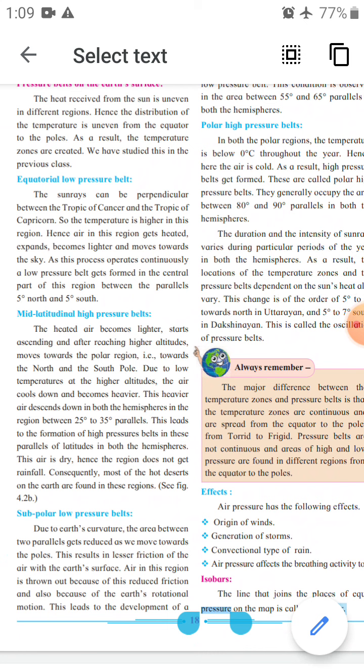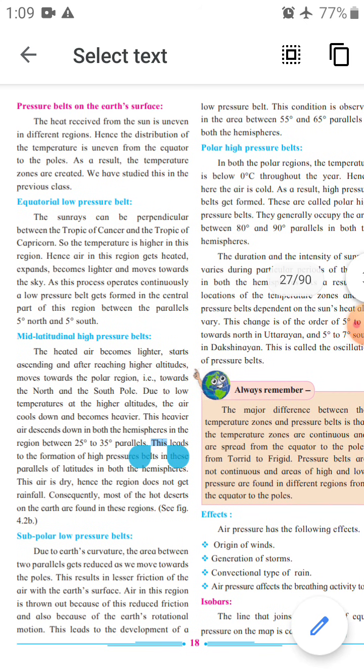Okay, and equatorial low pressure belt is in the central part of this region between the parallels 5 degree north and 5 degree south, and these are the differences in the pressure belts on the earth's surface, because the heat received from the sun is unequal in different regions.